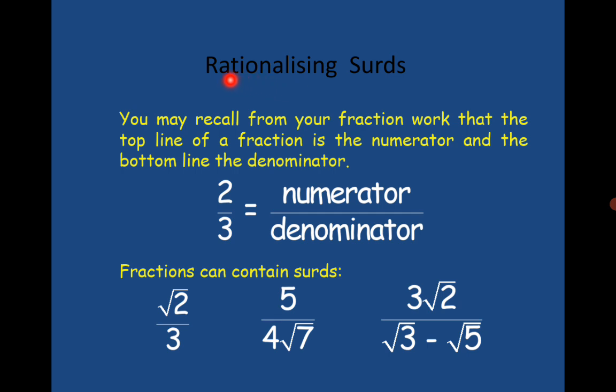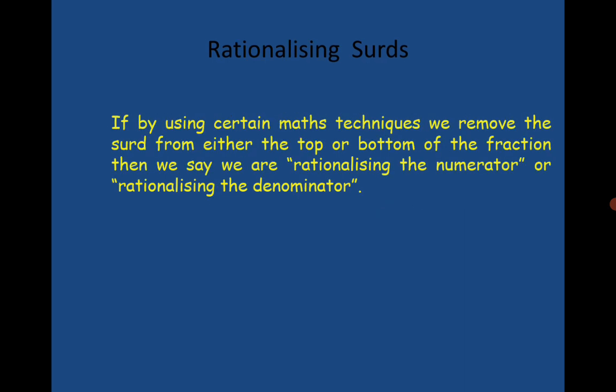This is going to help us as we look at what is called rationalizing surds. So if by using certain math techniques we remove the surd from either the top or bottom of the fraction, then we say we are rationalizing the numerator or rationalizing the denominator.